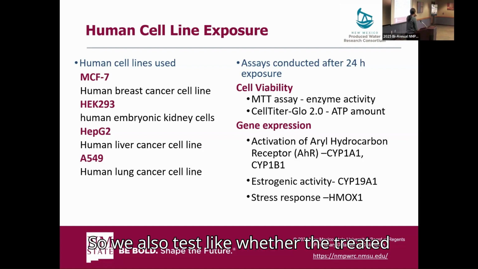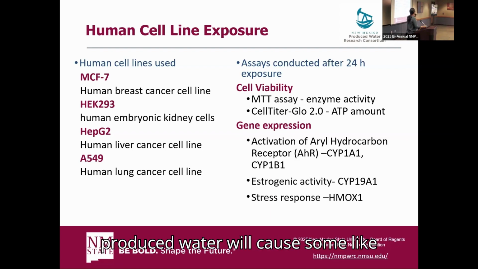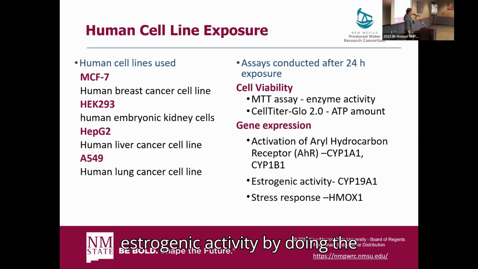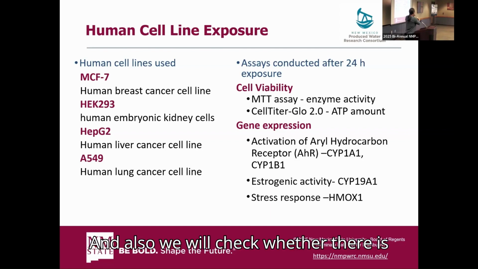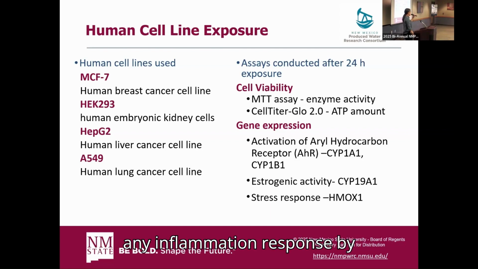We also test whether the treated produced water will cause some estrogenic activity by doing the gene expression study of CYP19A1, and we check whether there is any inflammation response by checking the gene expression of HMOX1.